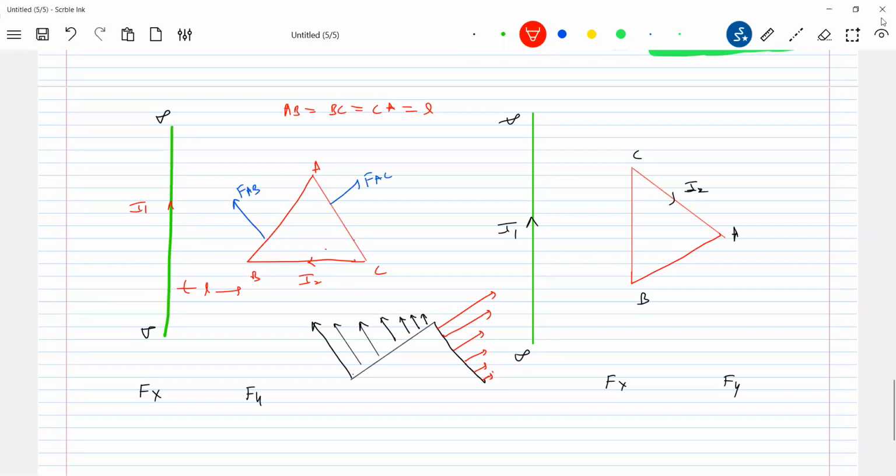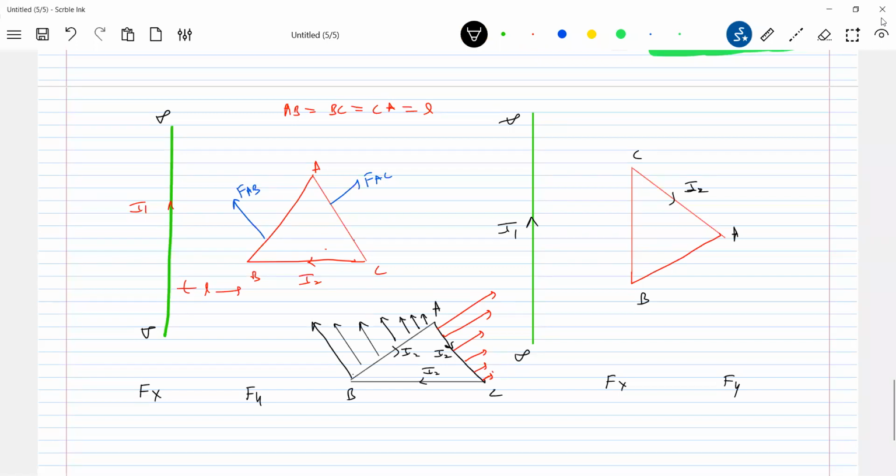What about on the wire BC? Next on the wire BC, so this is A, C, B. Current is flowing like this. No, there is a reason why the forces are in this direction. B bar, current.